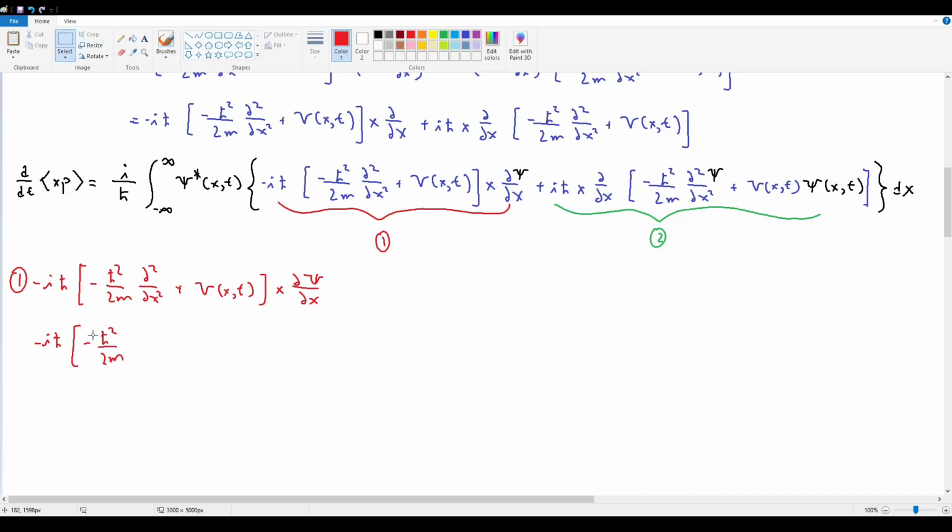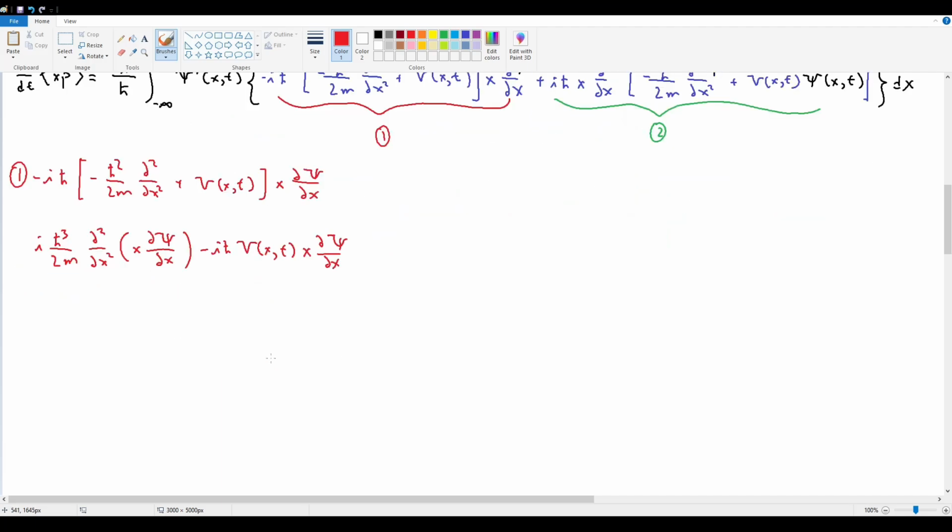And actually, I don't like writing this entire expression out, so let's distribute the negative i h bar into each of these. So we have positive i h bar cubed over 2m d2 by dx squared of x d psi by dx minus i h bar, and then there's no derivative here, so v x d psi by dx, just like that.